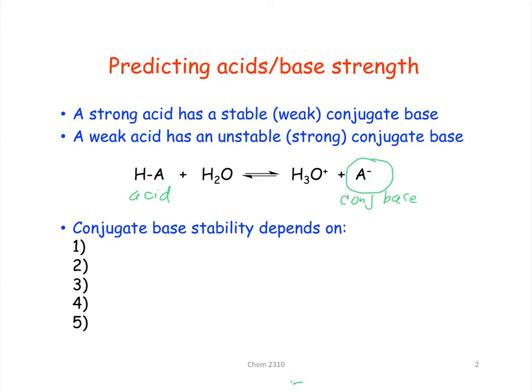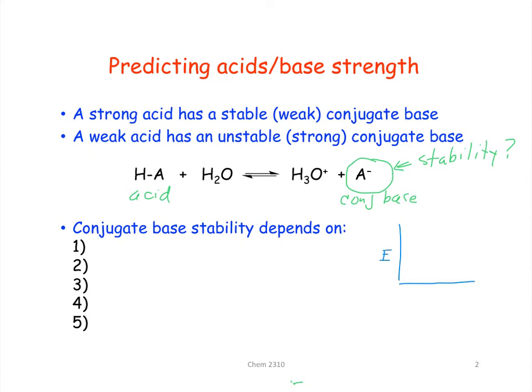Alright, so what we're going to be most often interested in is the relative stability of this conjugate base. Okay, because if we think about this acid-base reaction in terms of an equilibrium, we can draw a reaction coordinate diagram. Remember how we do these.